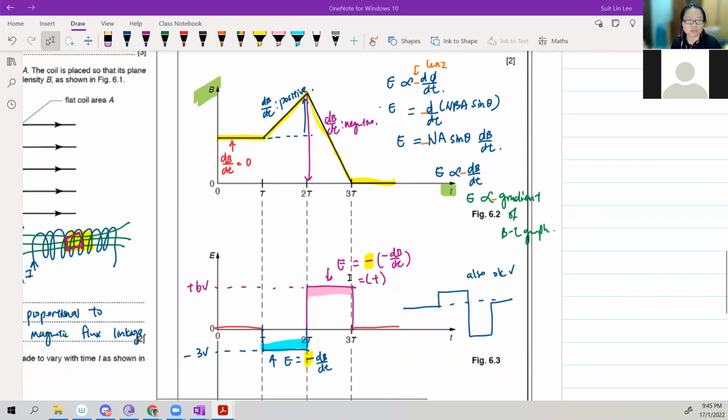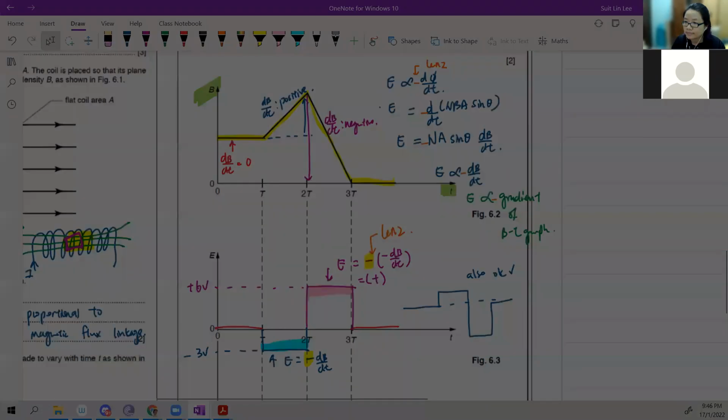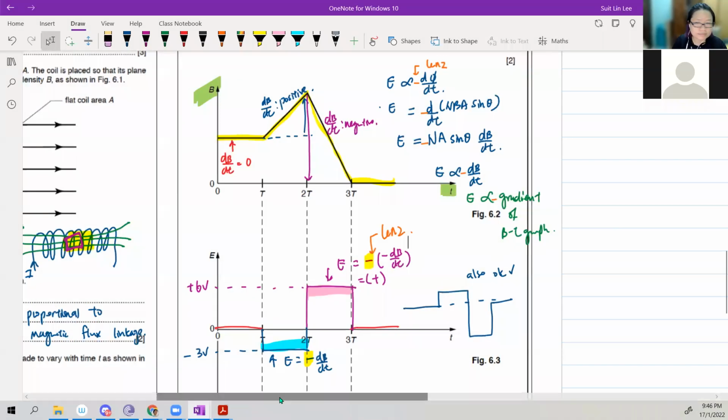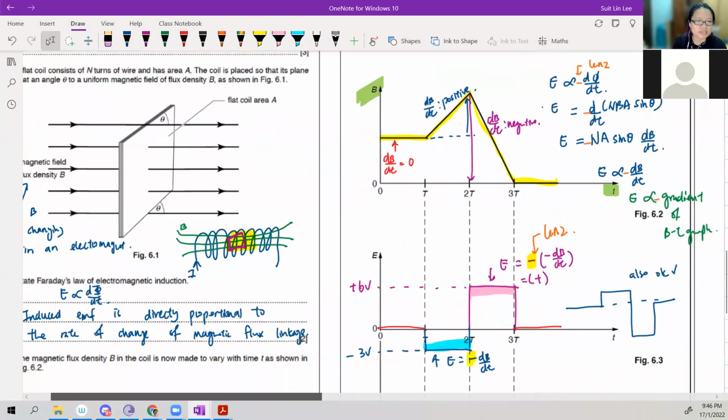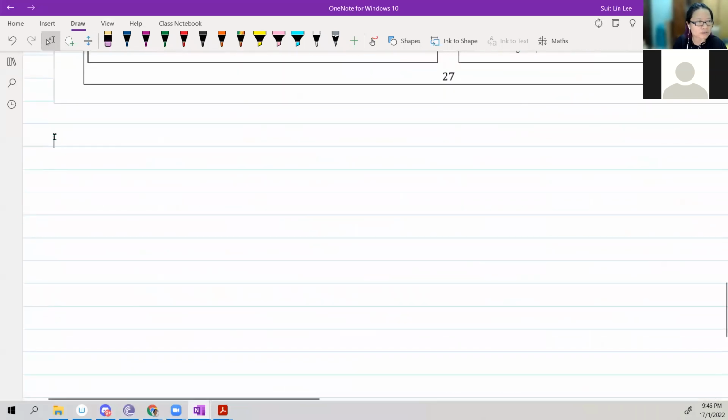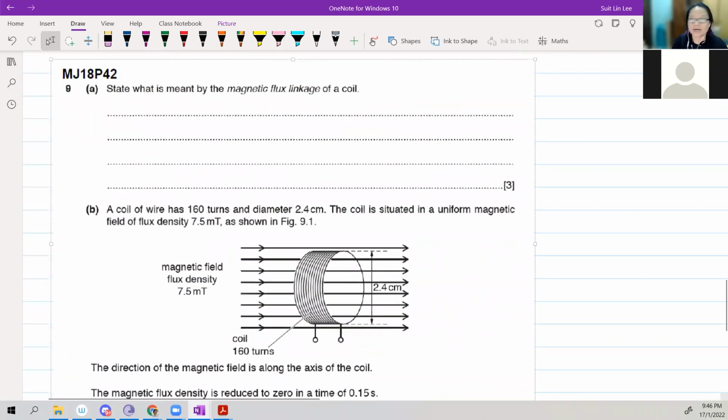Okay, to the person who is asking about the sine one, which is something to do with Lenz's law, you okay now? Practice. Let's see if we really can or cannot. Okay, this is in page 21.